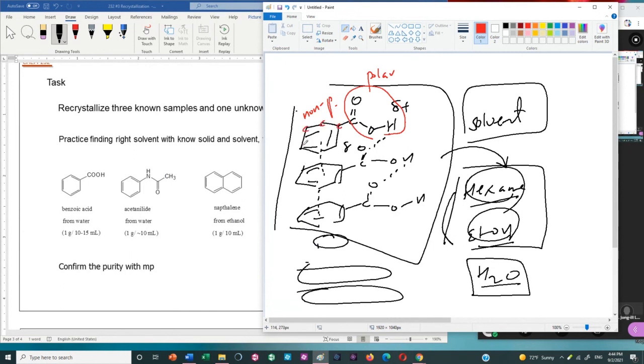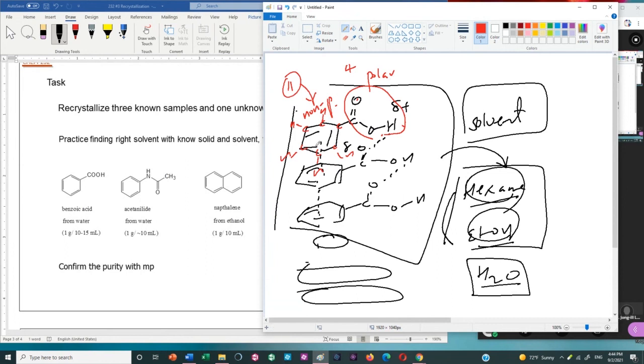Carbon, carbon, carbon, carbon, carbon, carbon, and hydrogens there. So you have 6 carbon, 5 hydrogen, 11 atoms, nonpolar. How many are polar here? 1, 2, 3, 4. 4 are polar.